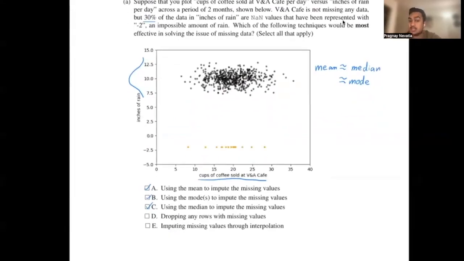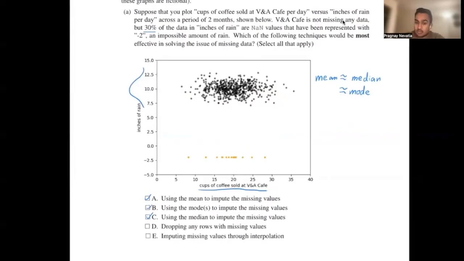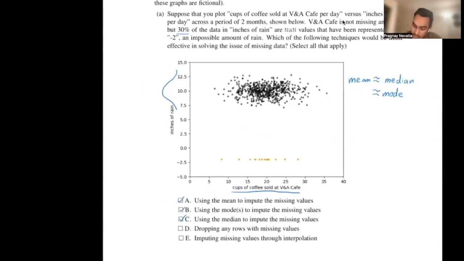Another approach you could try is imputing missing values. Now, you can impute because you have data about cups of coffee sold. So, for example, let's say for one of the missing values, you know that there were 20 cups sold, but you don't know how many inches of rain happened for that particular data point.